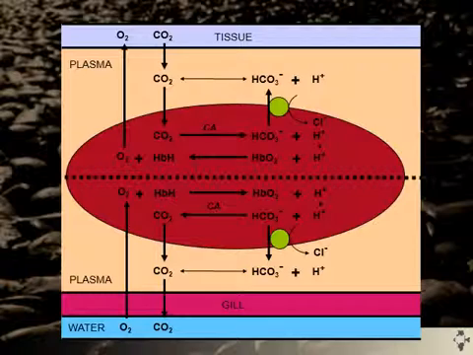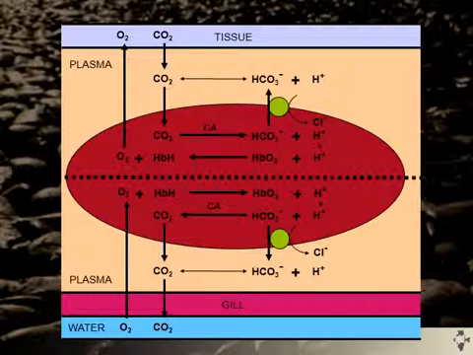On this figure, the dividing line divides the bloodstream at the gill, which is on the bottom, and the bloodstream at the periphery, which is at the top. At the center is our red blood cell, so the equations shown inside that red oval are reactions occurring inside the red blood cell, and any reactions shown outside of that are occurring in the plasma.